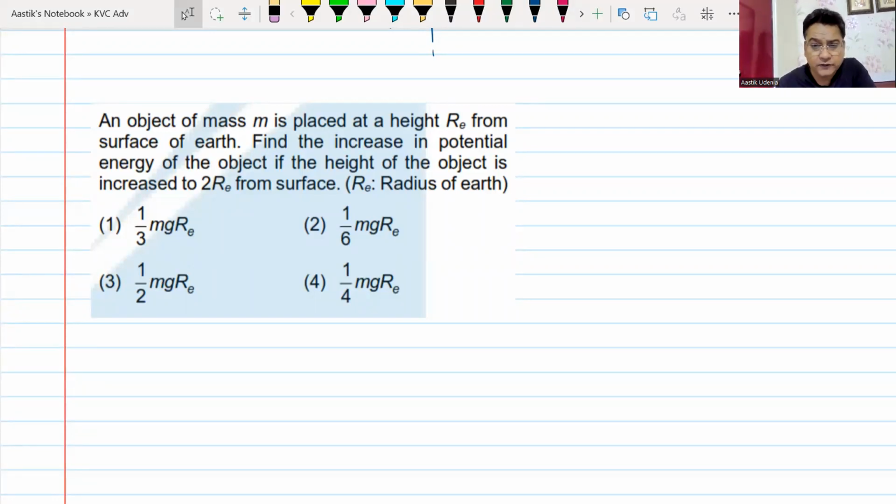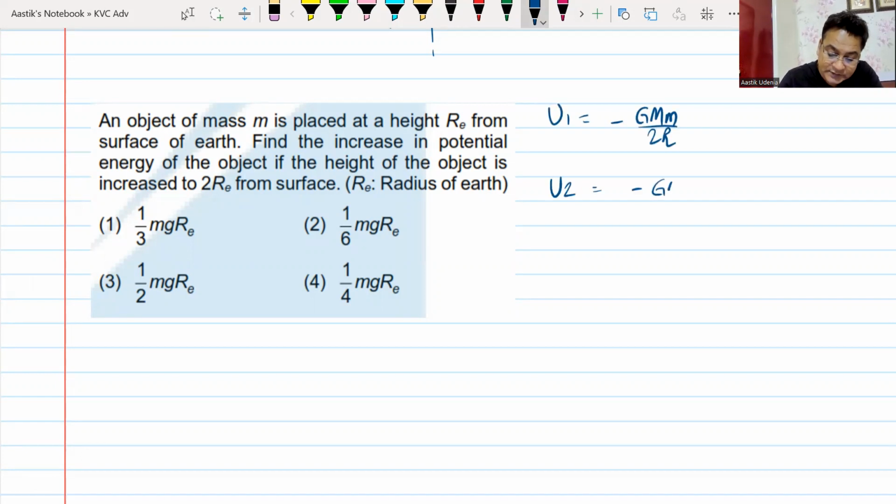When it is at a height of r from the surface of Earth, potential energy in the first case is minus GMm by 2r. When the height is raised to 2 times r, it becomes minus GMm by 3r. The change in potential energy you can find out, subtract, and you will get the answer as 1 by 6.